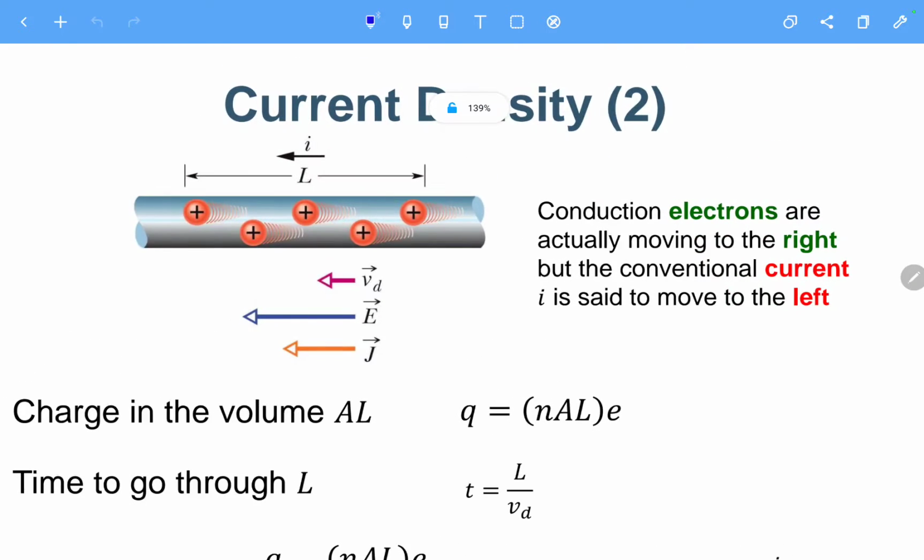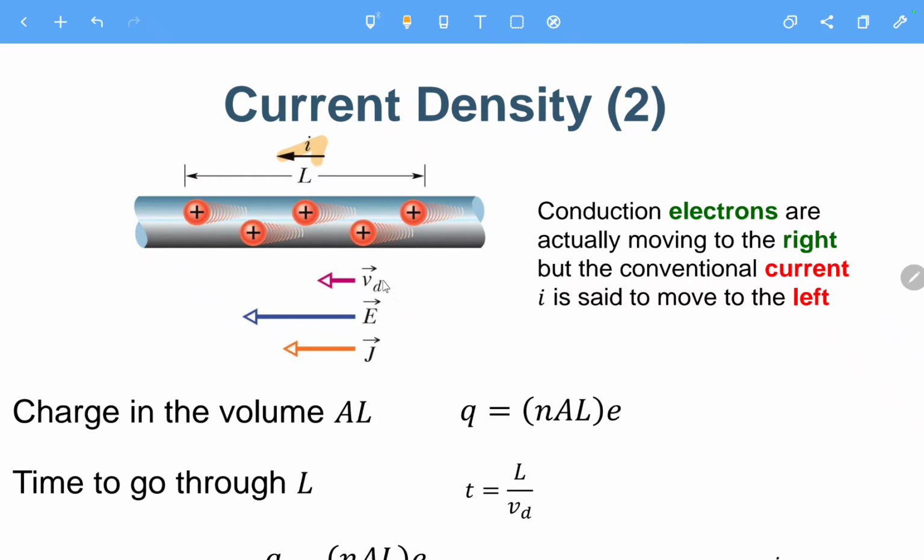In this figure, we assume that the current is moving to the left side. So if it is positive charge, then the positive charge should move from right to left. And if it is negative charge, it should move from left to right.